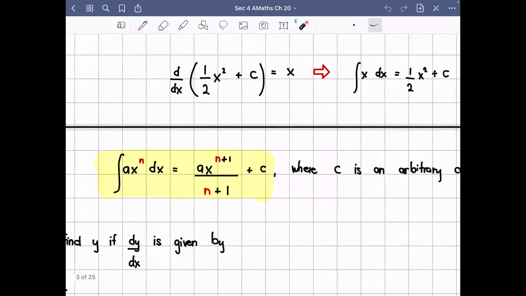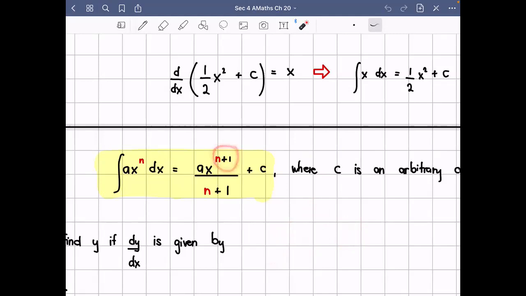Before, when we had x cubed, what do we do when we get the derivative of x cubed? We usually subtract the index, right? That's why it becomes 3x squared, right?